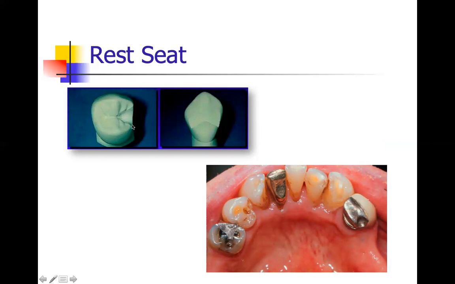If it is on the occlusal surface, it is called the occlusal rest. But if the rest seat is prepared on the lingual surface to receive the rest, it will be known as a lingual rest. This is a lingual rest. This one is an occlusal rest.